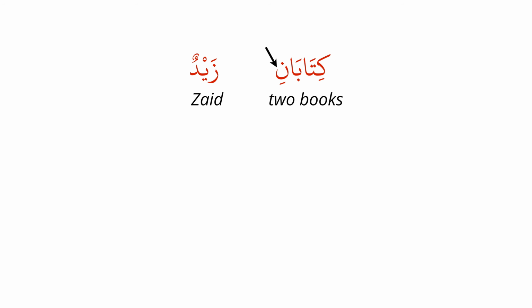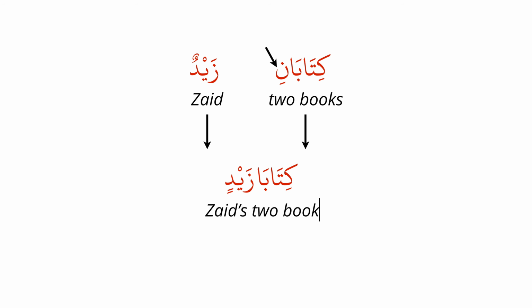So when such nouns come as mudaf, the letter noon is dropped and it becomes kitaba. And zaydun shifts to genitive case and becomes zaydin, which is the same as previous examples. So the whole phrase sounds like kitaba zaydin, meaning Zayd's two books or two books of Zayd.